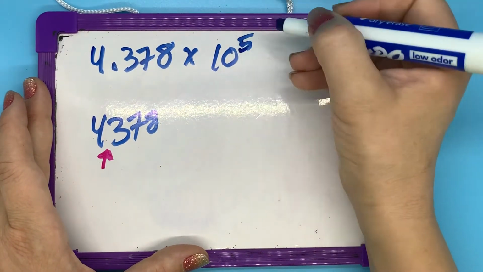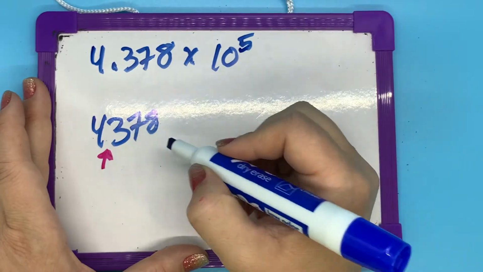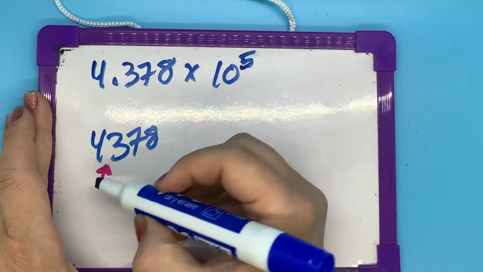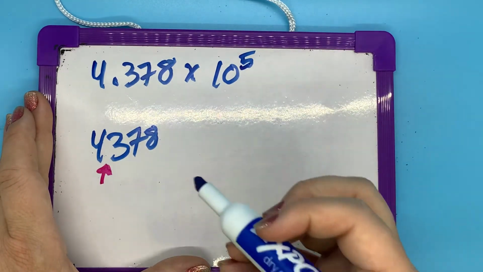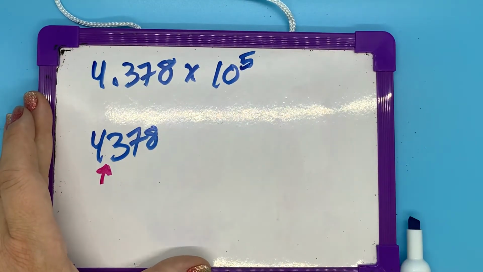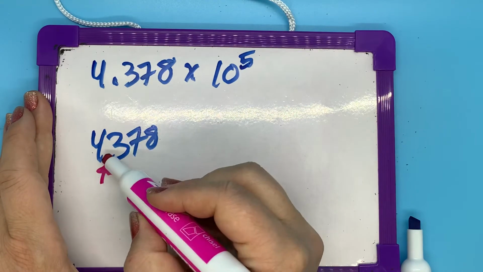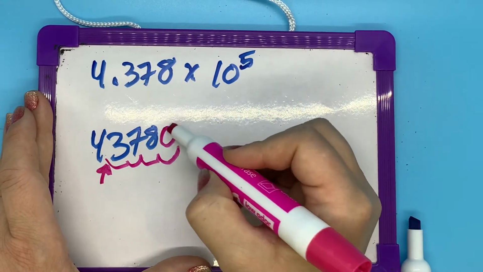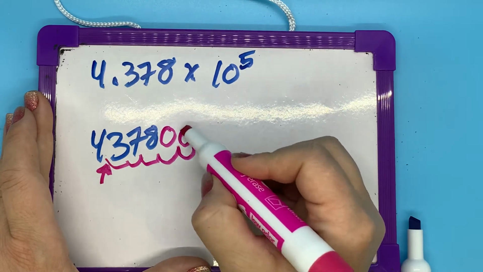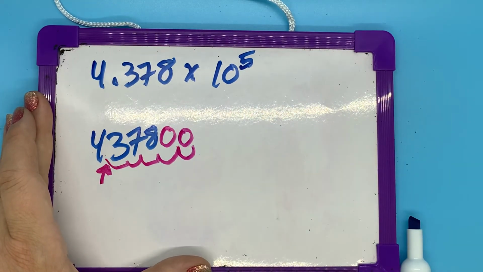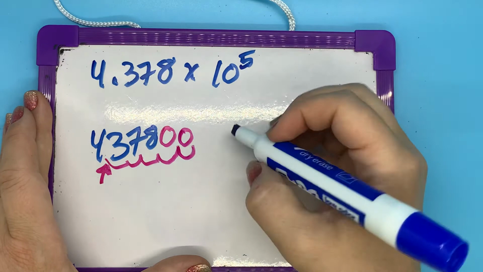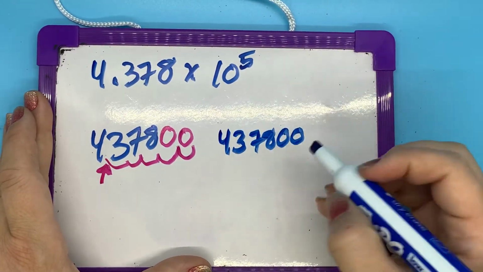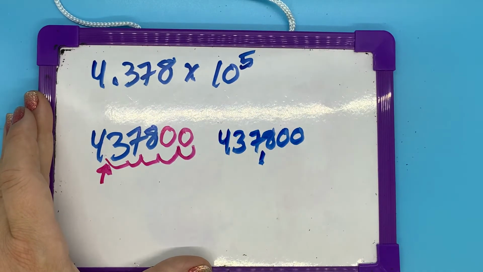It is a positive, so it is going to go to the right 5 spots. So we started here. 1, 2, 3, 4, so we're going to fill in a 0. 5, fill in a 0. So if we rewrite that, your number is 437800. Add your comma.